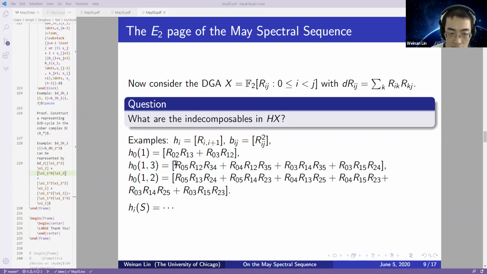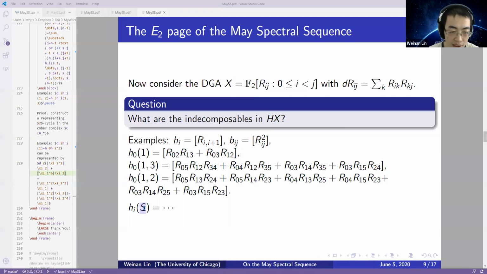If you sit down and compute the differential of this, they are cycles, and it turns out that these are indecomposables in the cohomology.